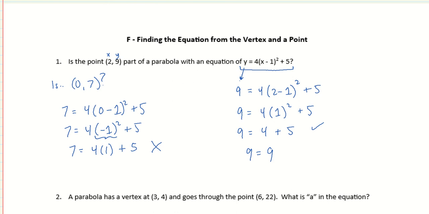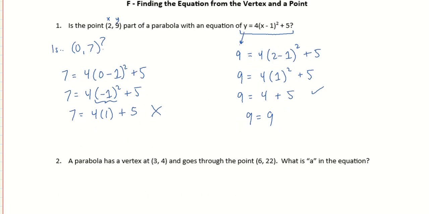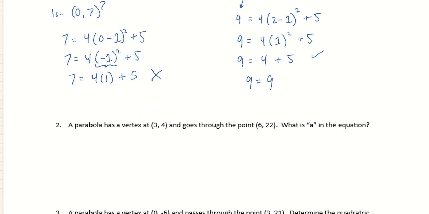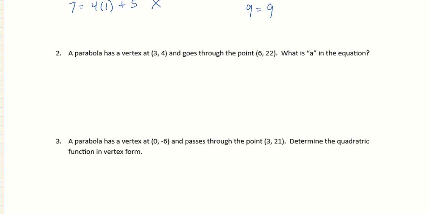All right, so we can use that information if we want to figure out part of the formula that's missing. So let's consider a case here where we have a parabola with a vertex at (3, 4) and goes through the point (6, 22). Okay, so now this is saying figure out what the a is in the equation.